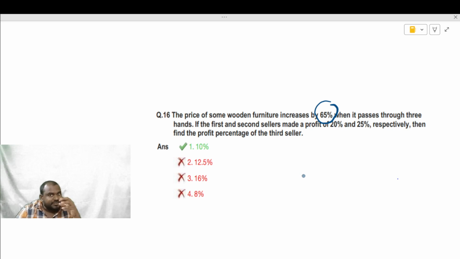But in between, it is exchanged with some hands, three hands were involved. Then find the profit percentage of the third seller. Third seller, we don't know, just assume it as X.